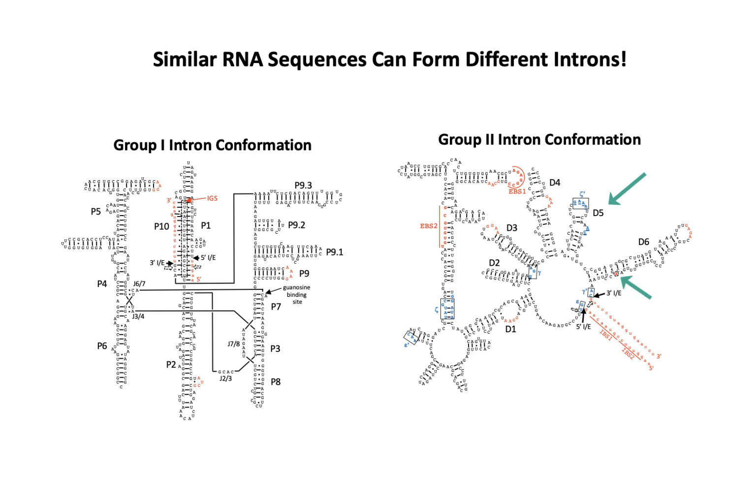In each case, all you have to do is move the intron-exon border over by one or a few nucleotides, and you can have it be spliced as a group 1 or alternatively as a group 2 intron.